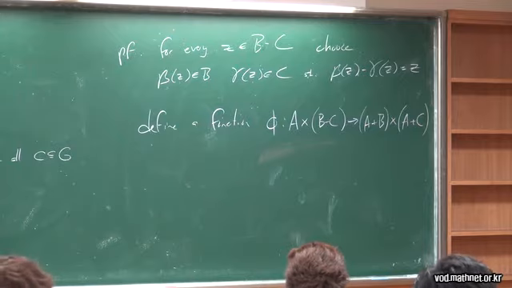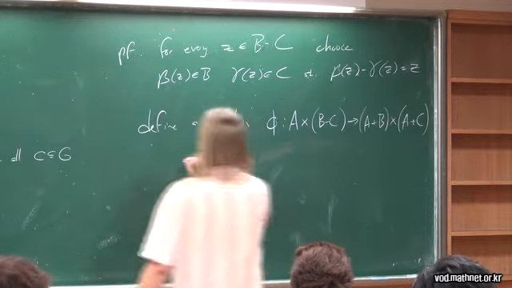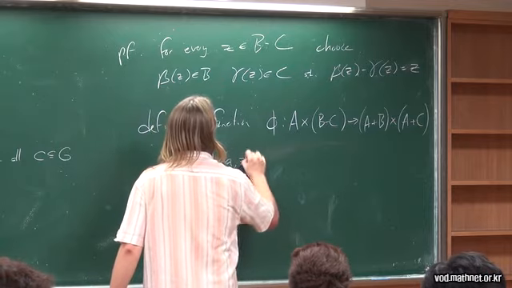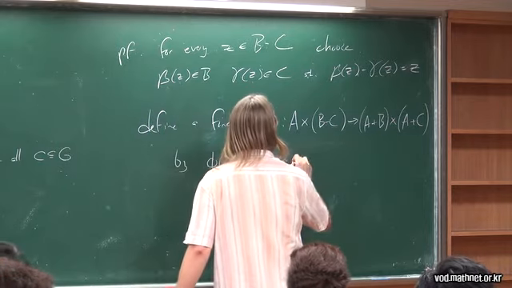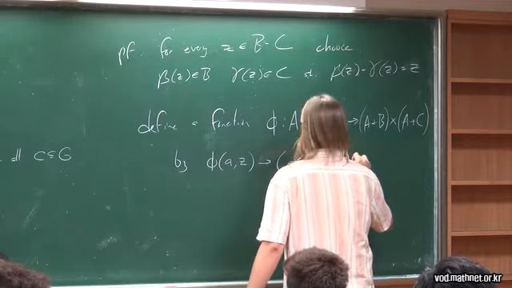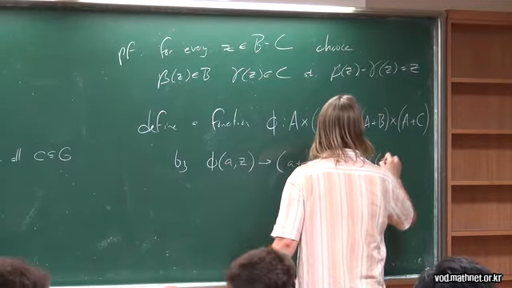And that's what I shall do. So phi takes the pair (a, z) and maps it to (a plus beta of z, a plus gamma of z).